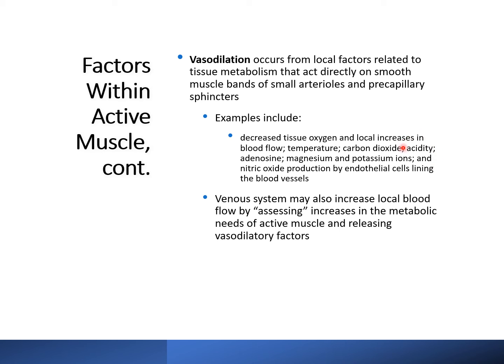And usually acidity is associated with a higher carbon dioxide content. So just something to be aware of there. Adenosine, magnesium, potassium, nitric oxide, etc., right? I don't want you guys to know all this stuff. Here's a few examples for you. Just have a good understanding. There's lots of influences to it.